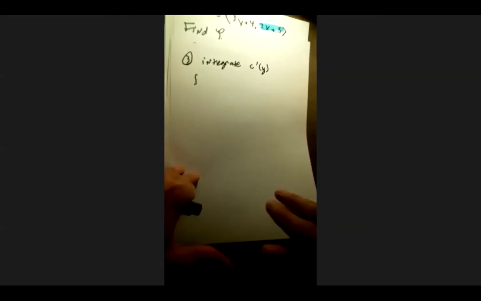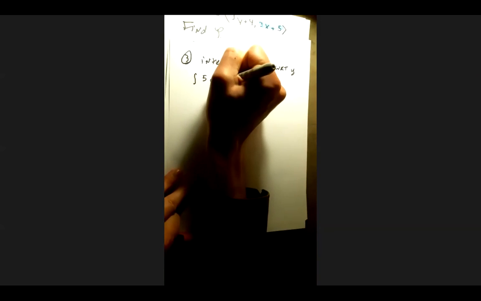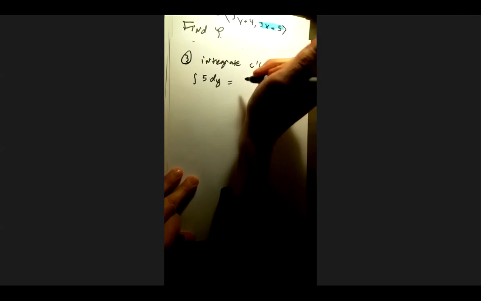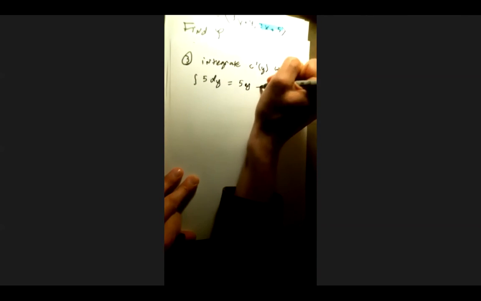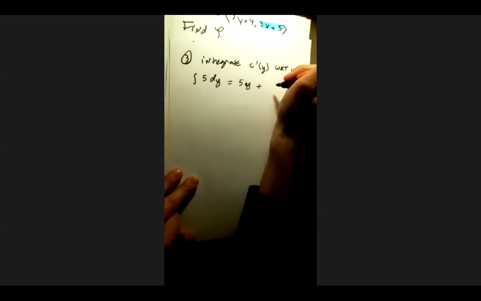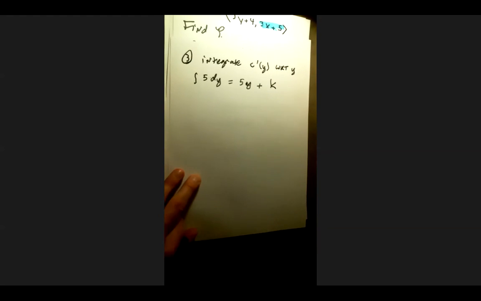So we'll get the integral of, I think it's 5, right? Oh, and this would be with respect to y. Complicated antiderivative, you're going to get 5y plus a constant, right? Maybe I'll use k for the constant. Okay.